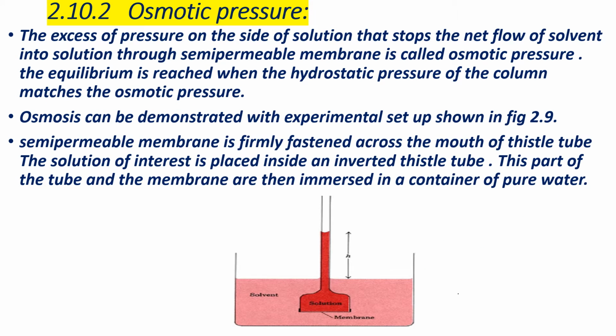The semi-permeable membrane is firmly fastened across the mouth of a thistle tube. The solution is placed inside the inverted thistle tube. This part of the tube and membrane are then immersed in a container of pure solvent.